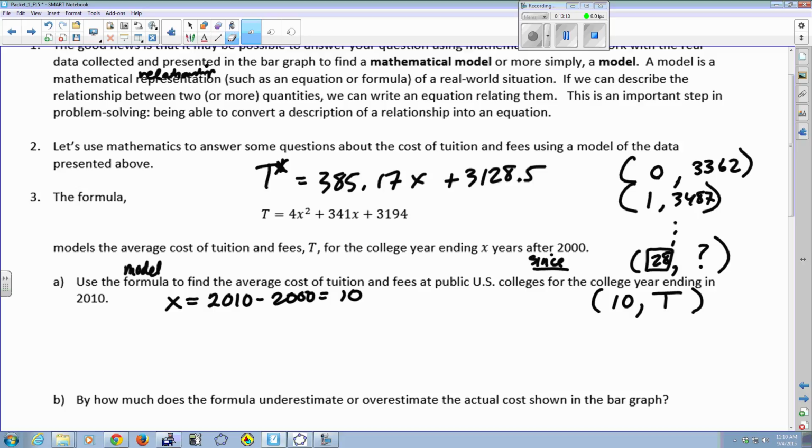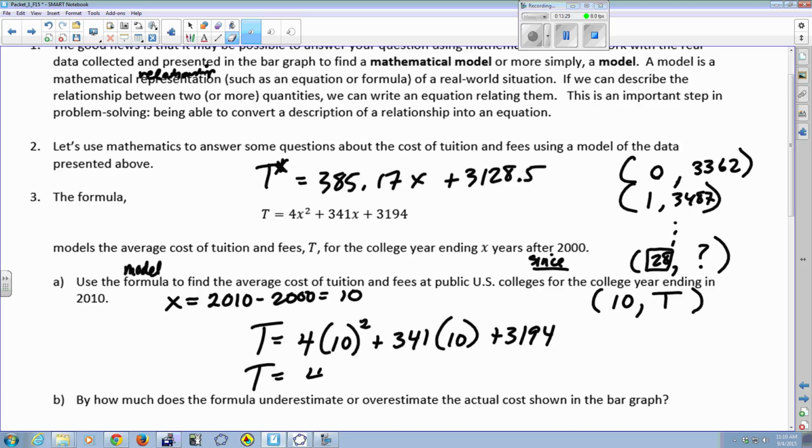So all I have to do is go into my equation, and where I see an X, I substitute a 10. And again, I rounded this off so that it makes the calculations a lot easier. So this equals 400 plus 3,410 plus 3,194.